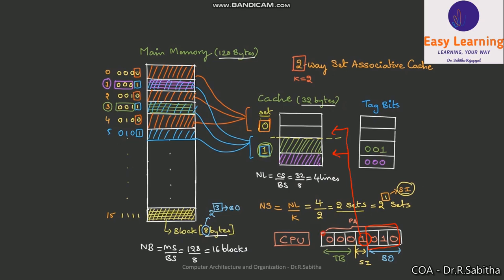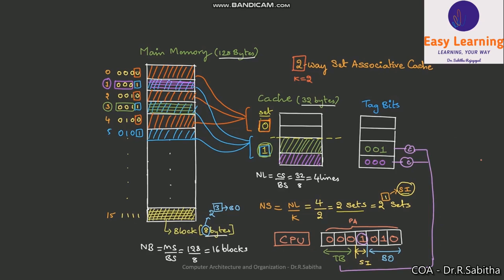Now these 3 tag bits of the physical address will be compared with the tag bits of set 1. In fully associative mapping we used many comparators, but here we will be using comparators based on the value of k. If you have k as 2, we will be using 2 comparator circuits.